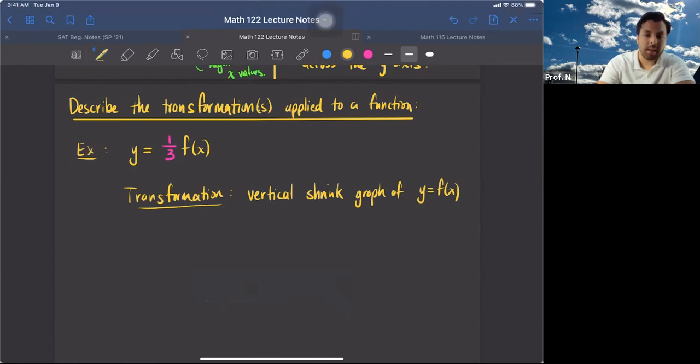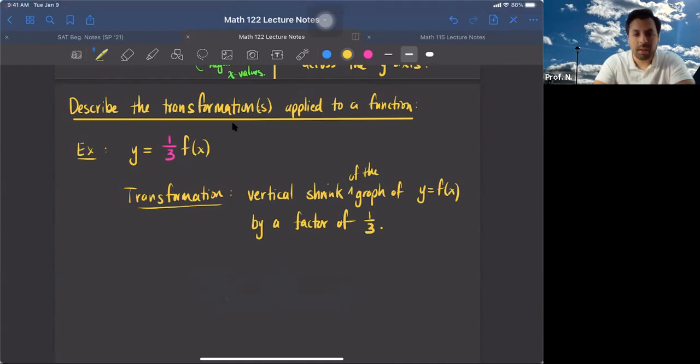So we have to say that. It's a vertical shrink of the graph of y equals f of x by a factor of 1/3. So that's the appropriate wording behind this, okay?